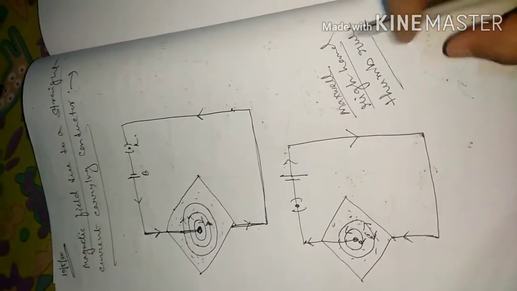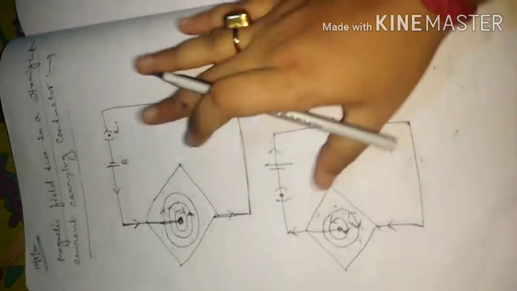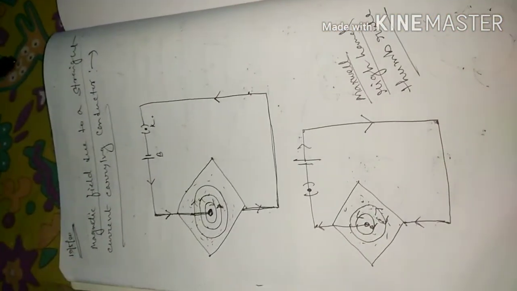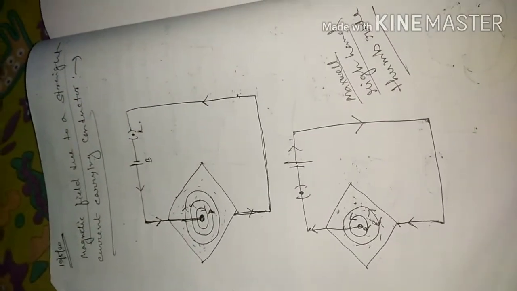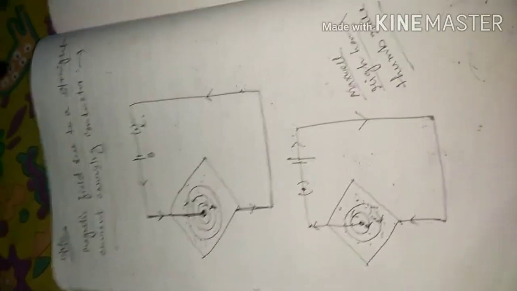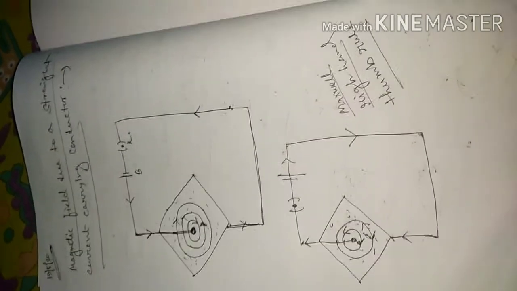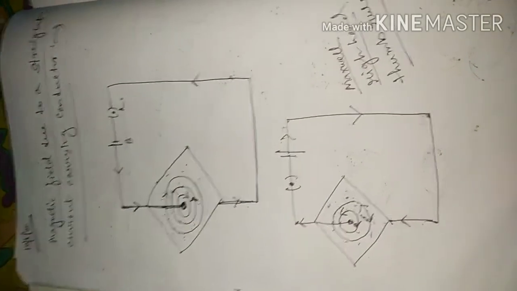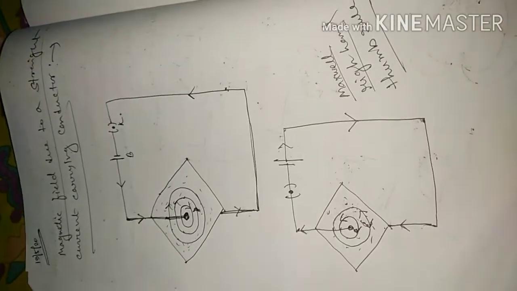Using that rule, we can find out the direction of the magnetic field. From this experiment, we conclude that if we change the direction of the electric current, the direction of the magnetic field lines also changes. If we increase or decrease the magnitude of the electric current, the strength of the magnetic field also increases or decreases.